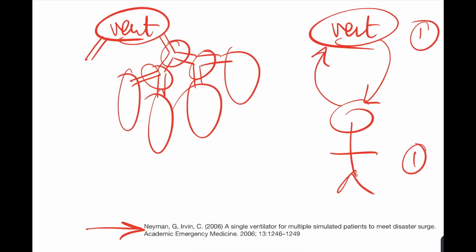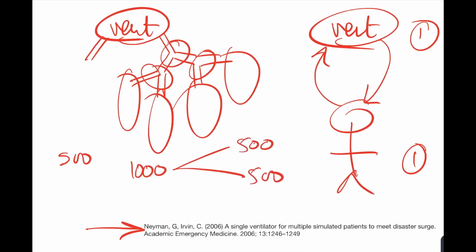So, a regular person has a tidal volume of 500. If 2 patients are attached to the same ventilator, we need to set the tidal volume to about 1,000, so that both patients can get about a 500 volume of tidal volume. If 4 patients are attached to the same ventilator, we need to increase the tidal volume to about 2,000. This way, 4 patients each can get 500 cc's of tidal volume.